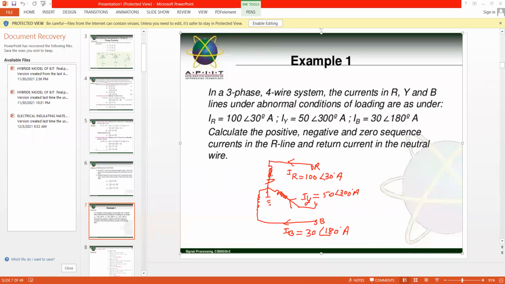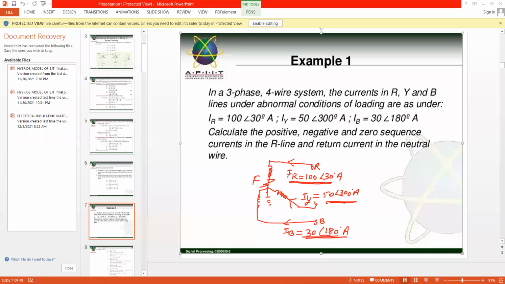So the IR value is different from IY, and both are different from IB also.